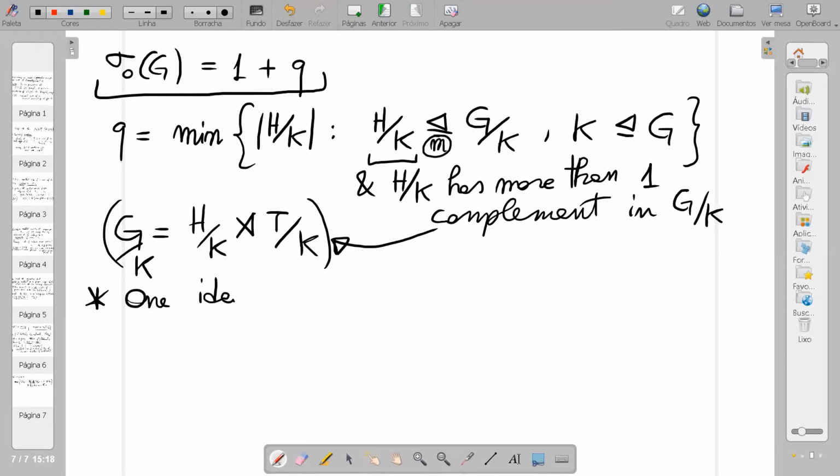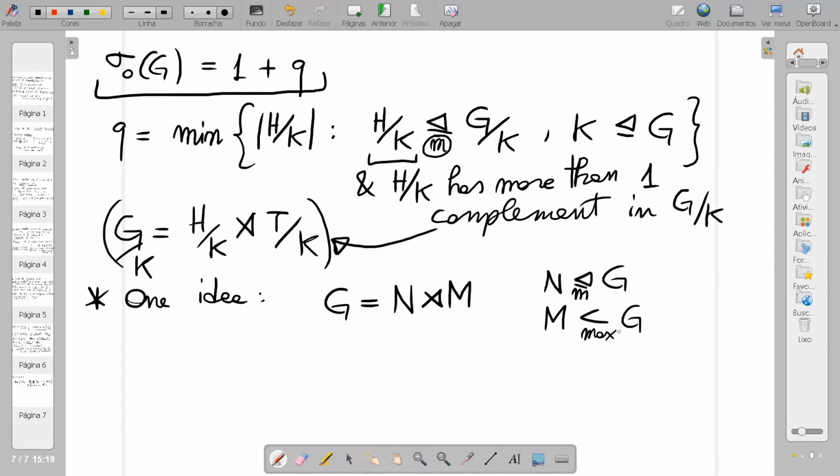Assume, in a particular case, that G is a semi-direct product like this, where N is a minimal normal subgroup in G, M is a maximal subgroup of G, and N is abelian.